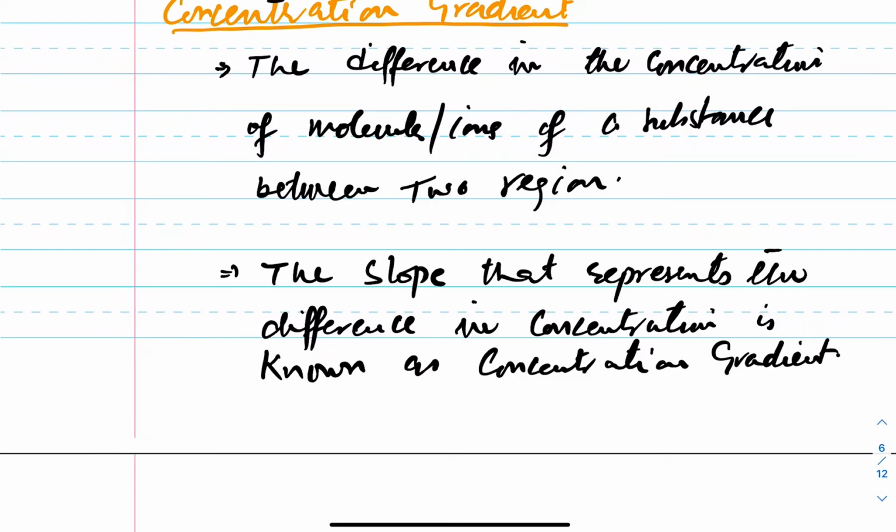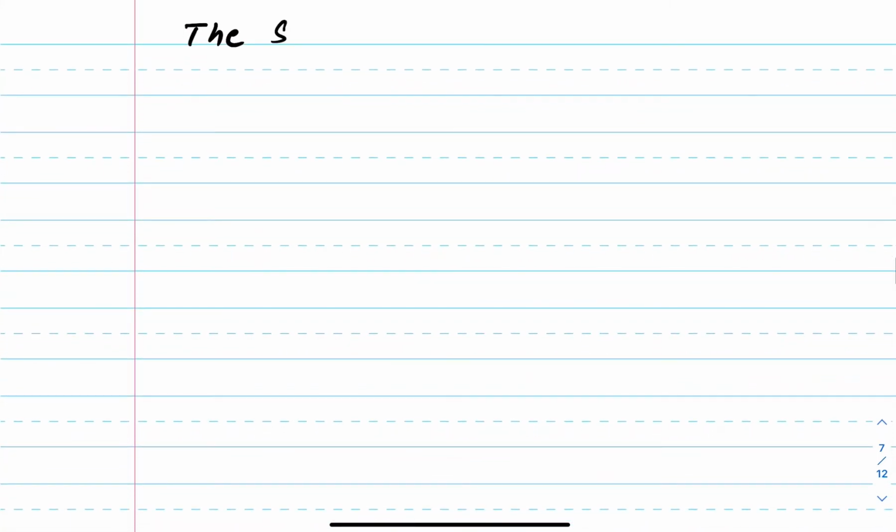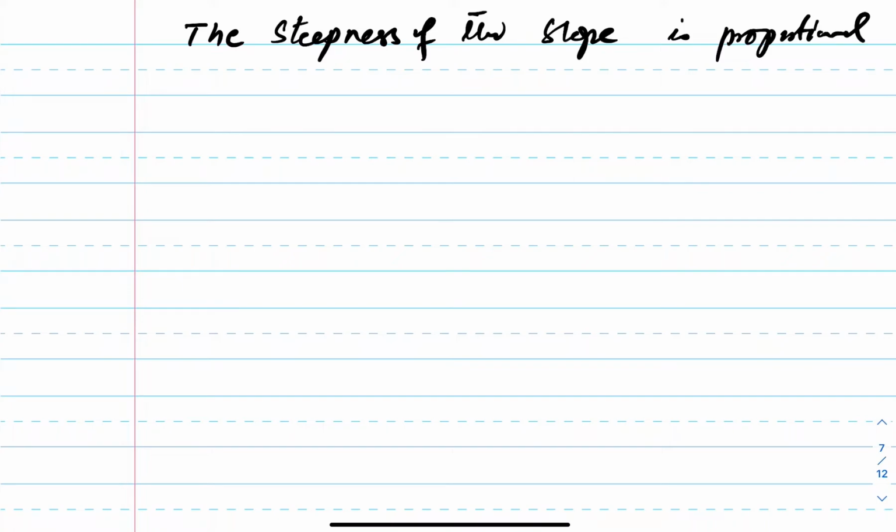You can see a relationship between the difference in the concentration and the steepness of the slope. The steepness of the slope is proportional to the difference in the concentrations.